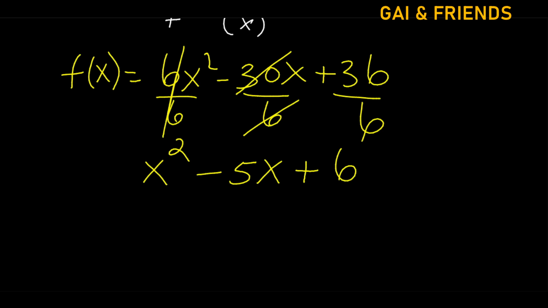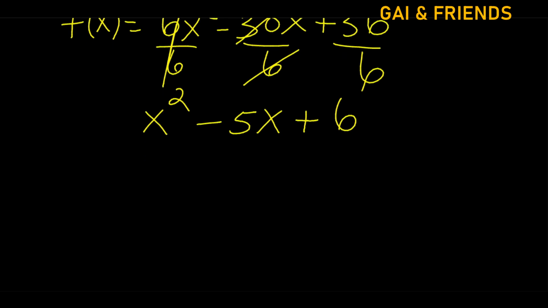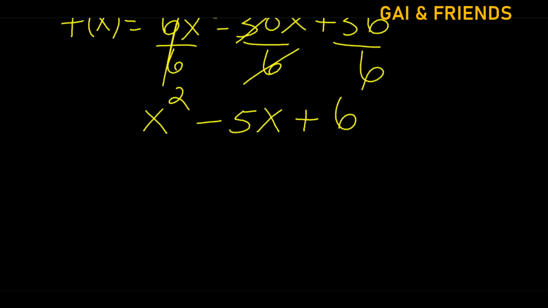Now you need to find the factors. What numbers can you multiply to give you positive 6, and when you add them they give you negative 5? I suppose these numbers would be negative 2 and negative 3. Negative 2 times negative 3 is positive 6, and negative 2 minus 3 is negative 5. Saying negative 2 plus negative 3 is the same as negative 2 minus 3.